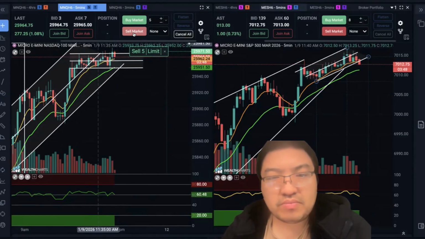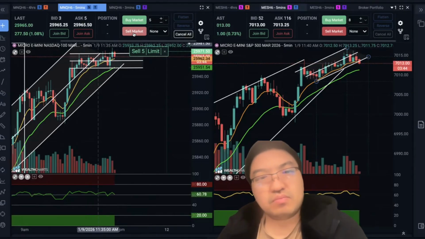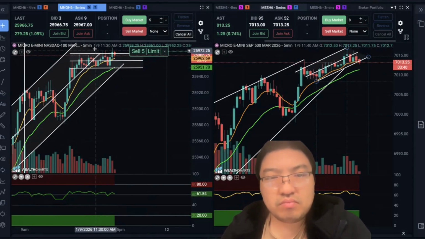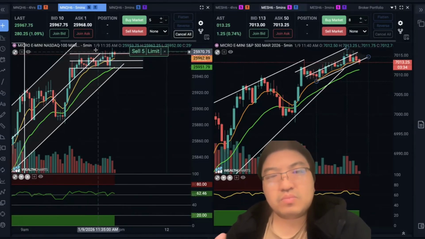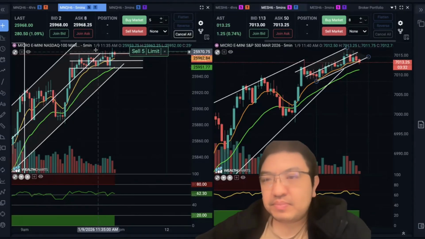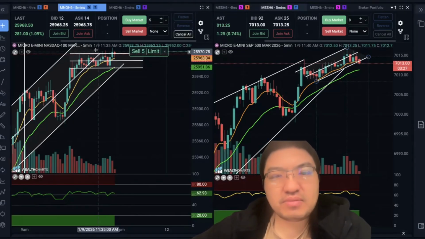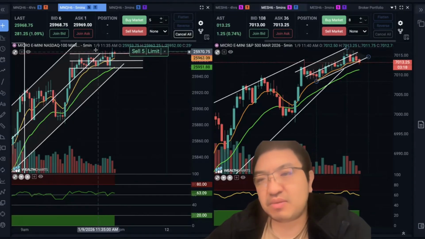Let's see. Multiple retest. It's not that easy for the transition. Buyers and sellers are just fine, and sometimes they're even.